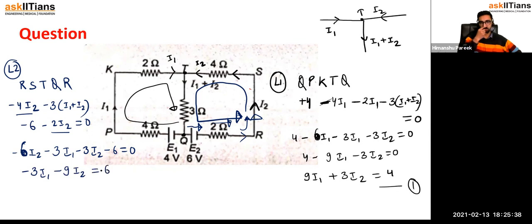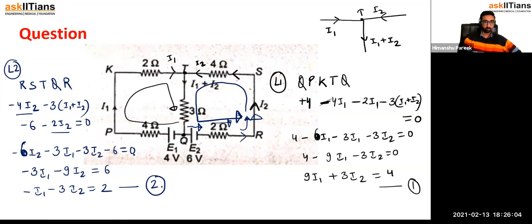Okay. And I can write it as I1 minus 3I2 is equal to 2. Equation number 2. All right.